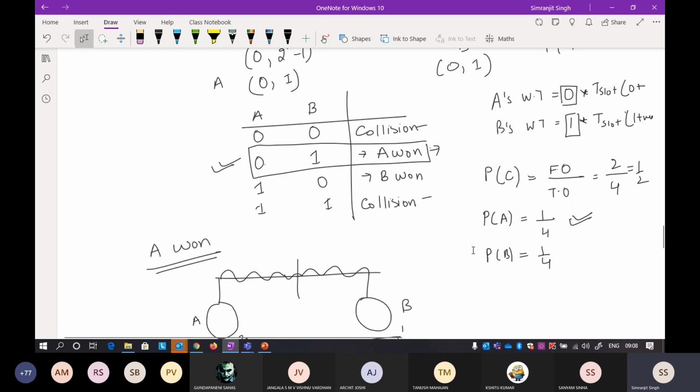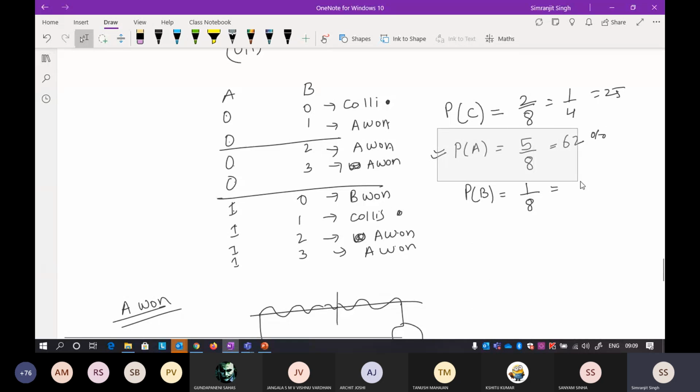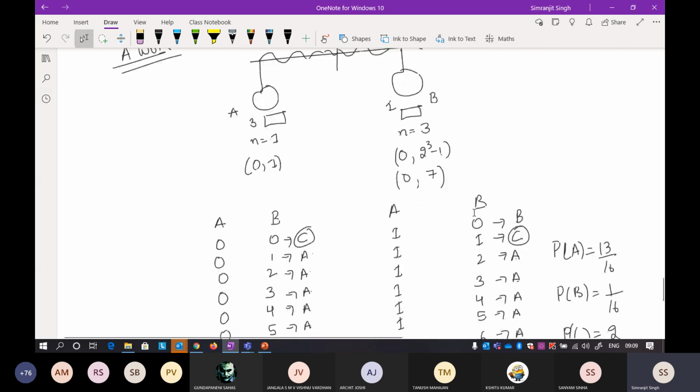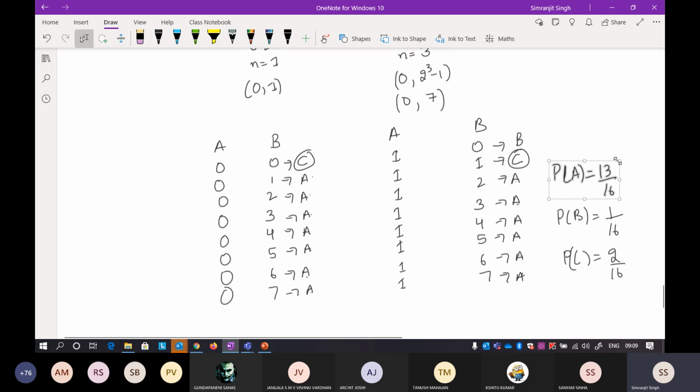Now suppose A has won this particular race, as any one station has to win the race. Now you will see that the probability of A winning is further increased. Again, if this particular station wins, its probability will increase, and it is increasing at a very high rate.